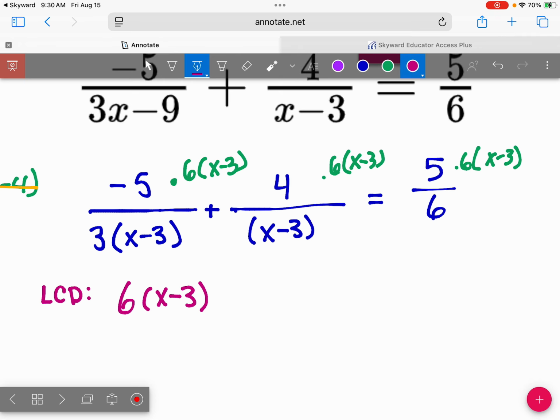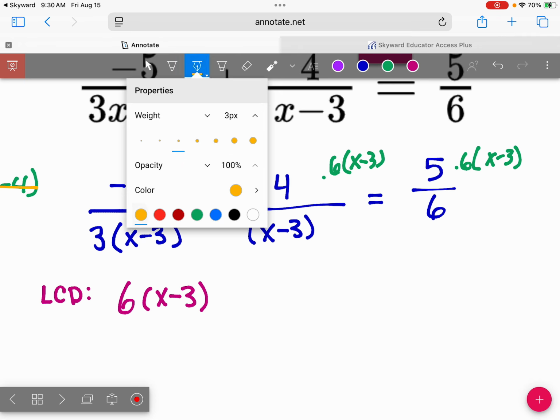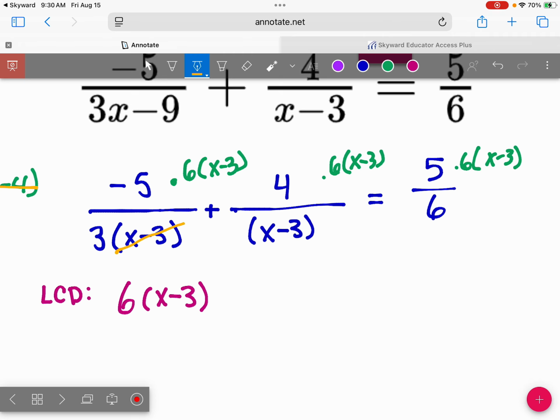Then when we simplify this, the x minus 3 cancels out with this x minus 3, and this 3 is going to cancel out and leave us with a 2 up here. Here my x minus 3 is going to cancel out with the x minus 3, and here the 6 is going to cancel out the 6. So a lot of the pieces are going to cancel out, and we're going to wind up with no denominator.